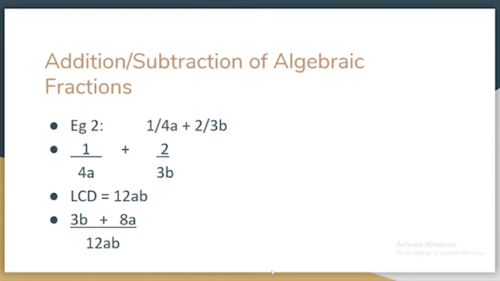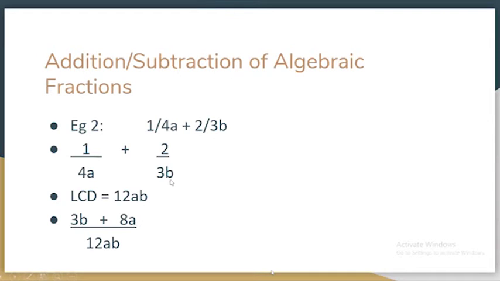Now, how did we get that numerator? 12AB divided by 4A. Yes. Here, we need to recall the laws of indices, or we just cancel for this nice easy one. So 4 into 12 is 3. The A's will cancel, leaving us with B. So we have 3B.